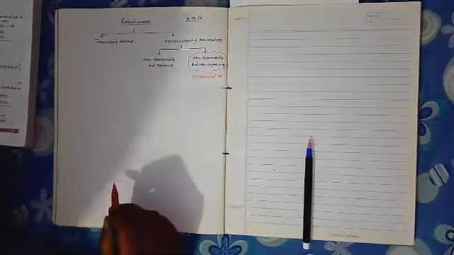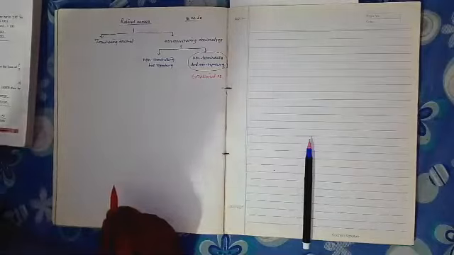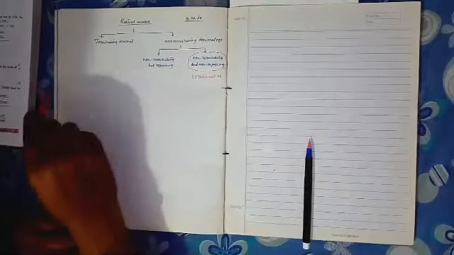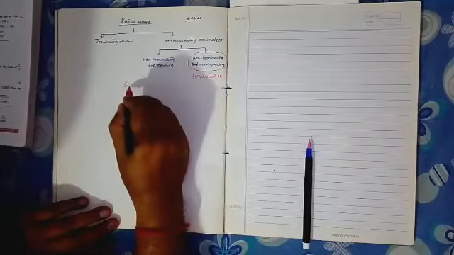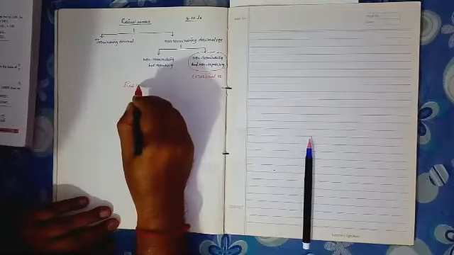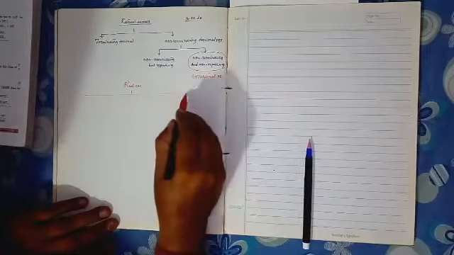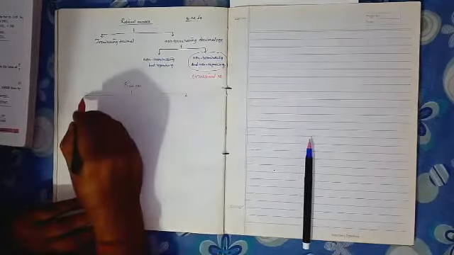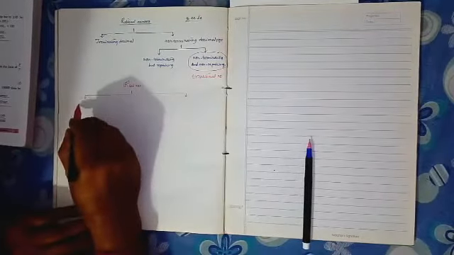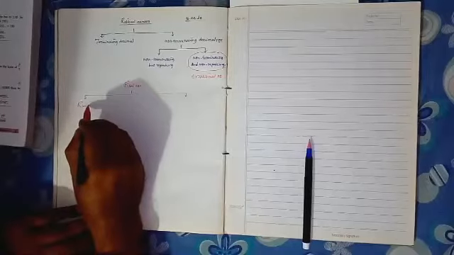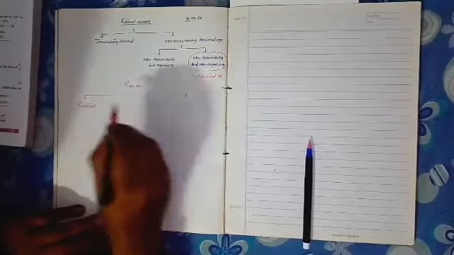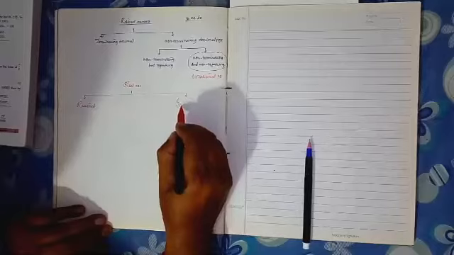Therefore, what we get, that is, we may do the classification like this: real numbers, these are of two types, rational, irrational.